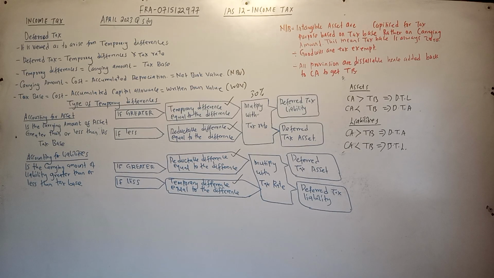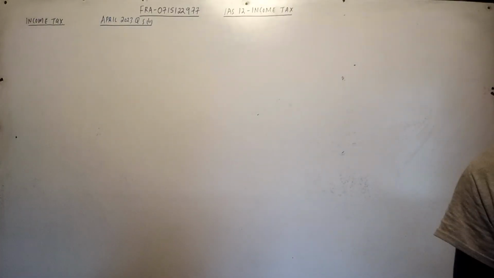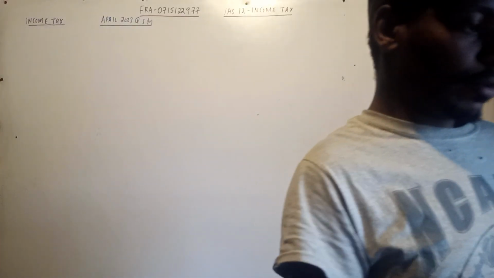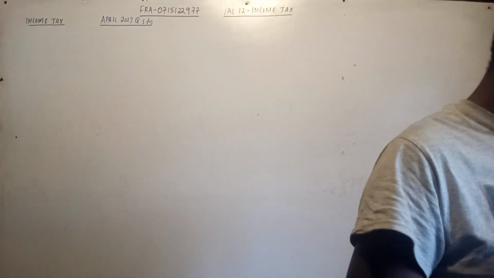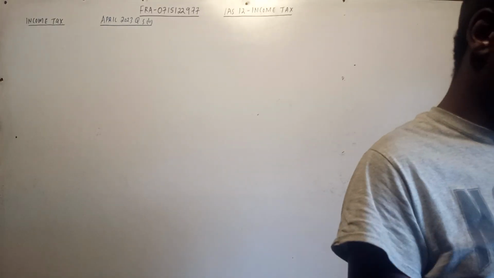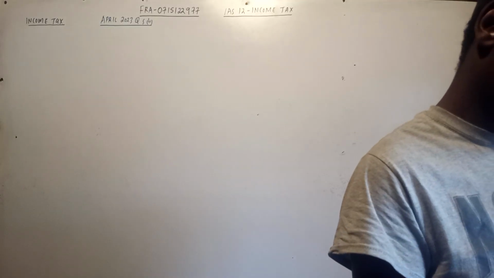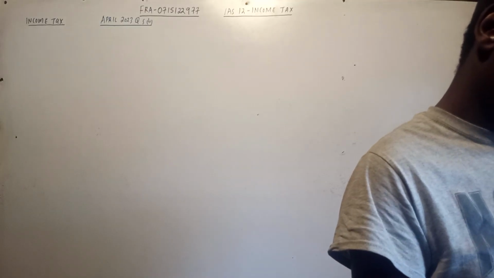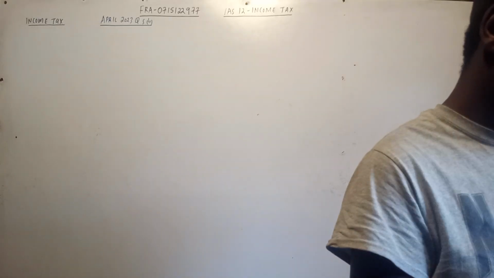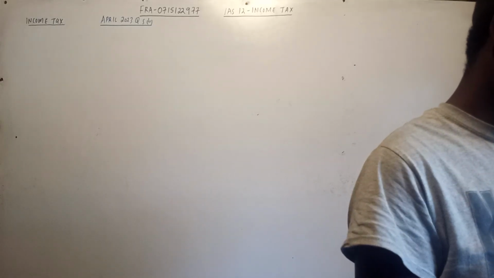Now let us do part B of that question. I'm going to use a table, a good table that will highlight everything when doing part B of that question. The question was for April 2023.